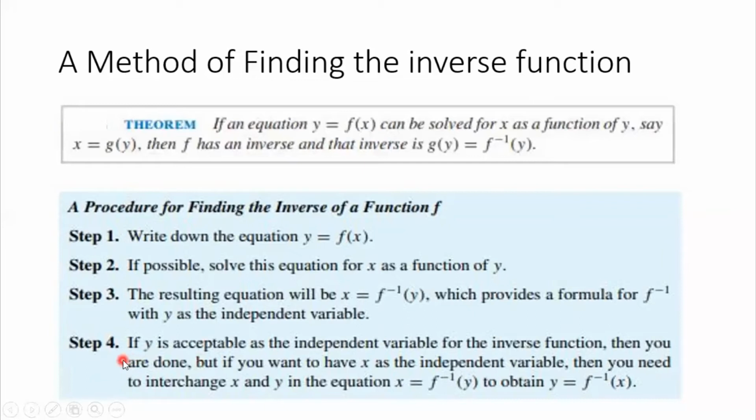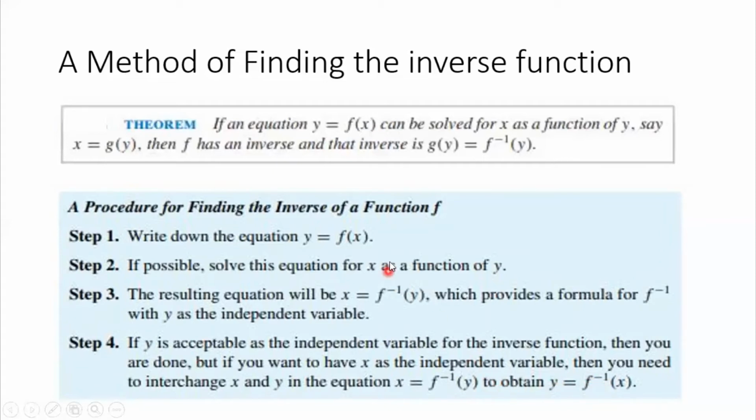However, in step 4, if y is acceptable as the independent variable for the inverse function, then you are done. So if the instruction says to let y be the independent variable, then we are done. But if you want to have x as the independent variable, then you need to interchange x and y in the equation x is equal to f inverse of y to obtain y is equal to f inverse of x.